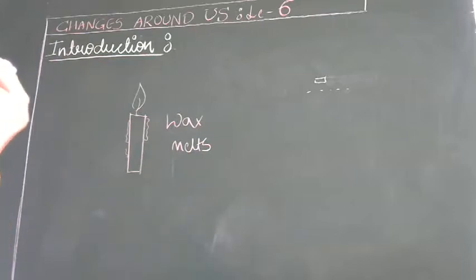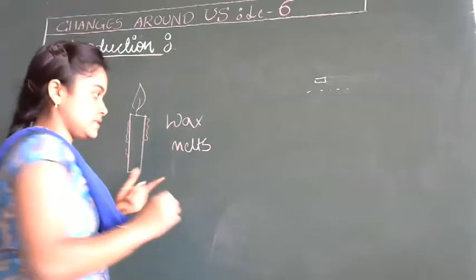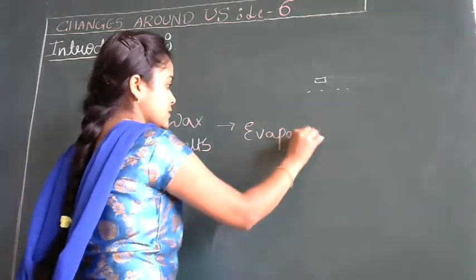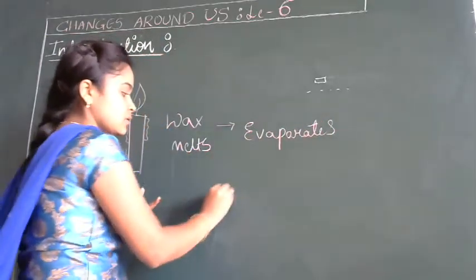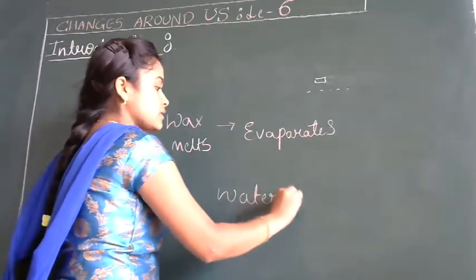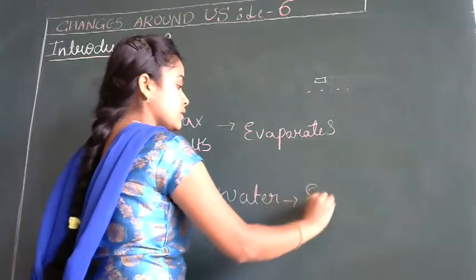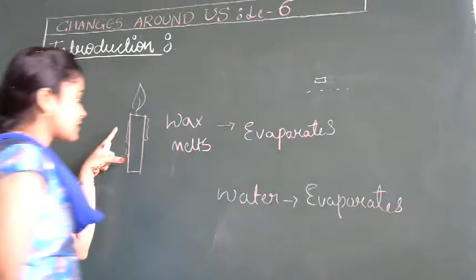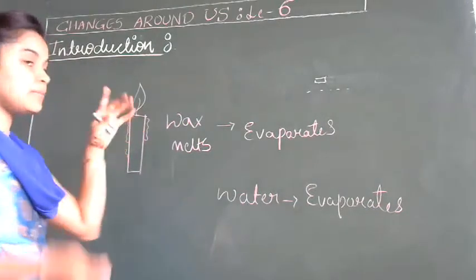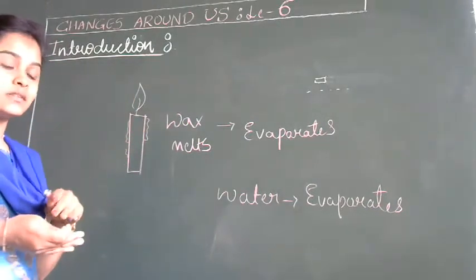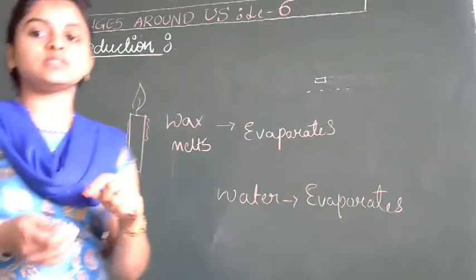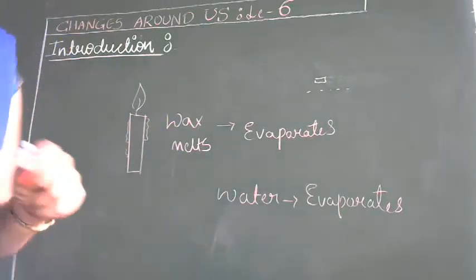As it melts, the size of the candle will decrease, and this wax evaporates, just as water evaporates when we start to boil it. Similarly, when this candle starts burning, the wax will melt and the size of the candle will decrease. Along with that, the wax will start to evaporate. So these are some of the changes you can see around.